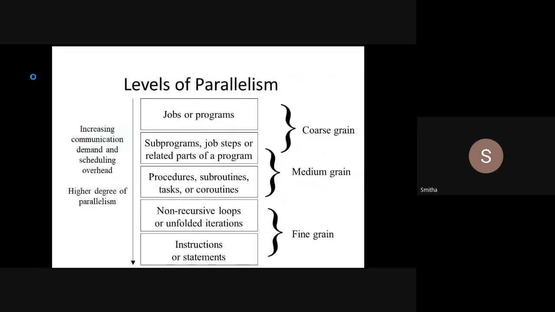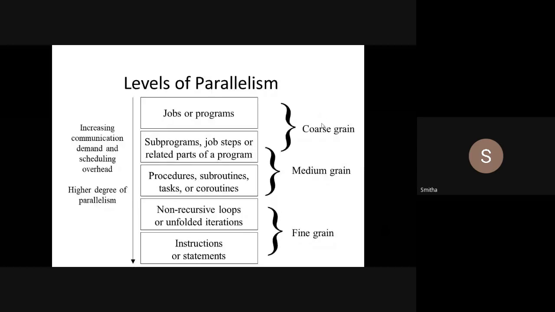Okay, so on the right hand side we have fine grain, medium grain and coarse grain. The bottom two levels come under fine grain because we have instructions, statements or non-recursive loops. We know the number of instructions in these levels will be less, so they come under fine grain.